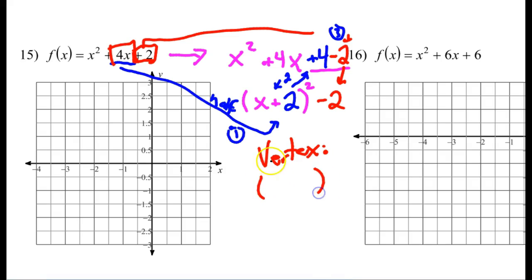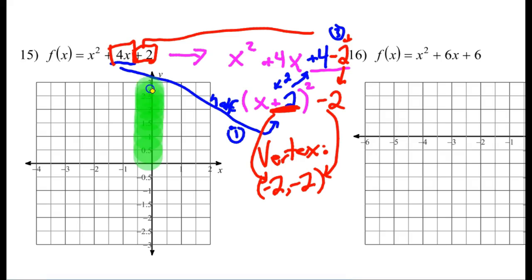So write it out, vertex, colon, and again, it's the opposite sign of inside. So it's negative 2. This one stays the same, negative 2. So that's at negative 2, negative 2. Also note that the scale is different on different problems. So like this one counts by 0.5s. So when you're going to negative 2, negative 2, don't just count 2 squares left and 2 squares down. It won't be on the right number.